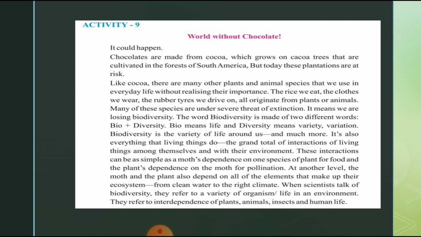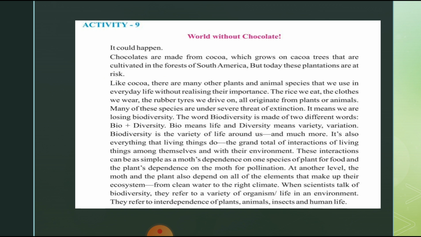Cocoa is a tropical tree, whose seeds are used to make chocolate and cocoa, and it is cultivated in the forests of South America. But today these plantations are at risk.